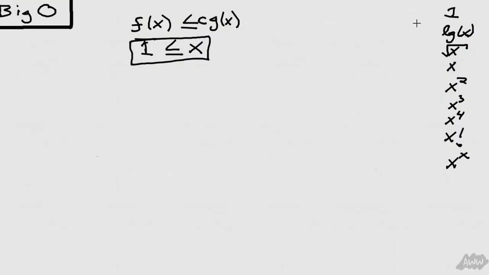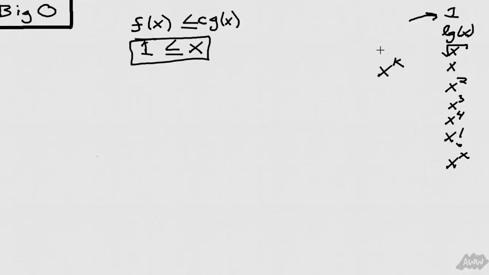So to recap, we have our families of functions here. These are constants. Any constant number, 1, 2, 5, 100, pi, e. Those are all constants, and those will be less than or equal to any logarithmic function. So log base 2, log base 10, natural log, etc. And those are less than or equal to x raised to any positive power.